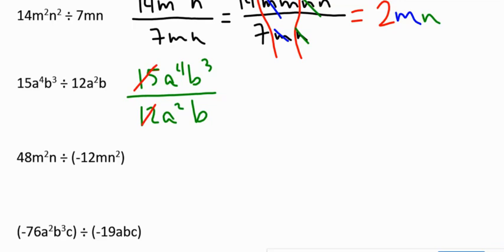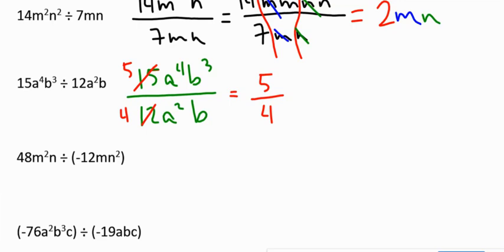We could say, okay, 3 goes into 15 5 times, and 3 goes into 12 4 times. So really here I have 5/4. 15 over 12 reduces to 5/4. Next, I have a to the 4th over a squared, so I can subtract my exponents because I have a like base of a. So a to the 4 minus 2 is a squared.